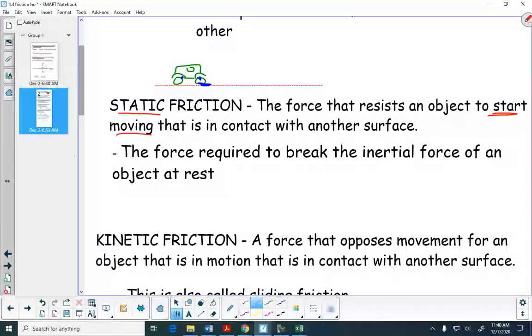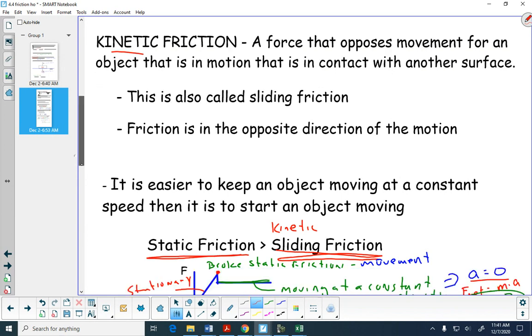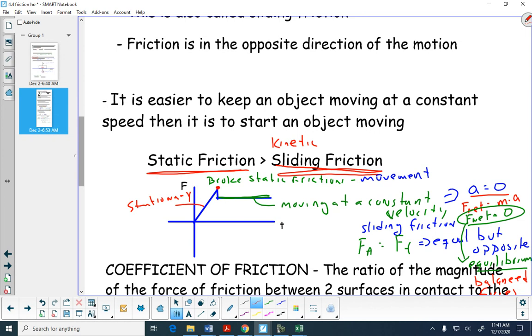Your kinetic friction is for objects that are in motion already, sometimes called the sliding friction. But the static friction is going to be greater than the sliding friction because it's harder to get things moving than it is to keep them moving.